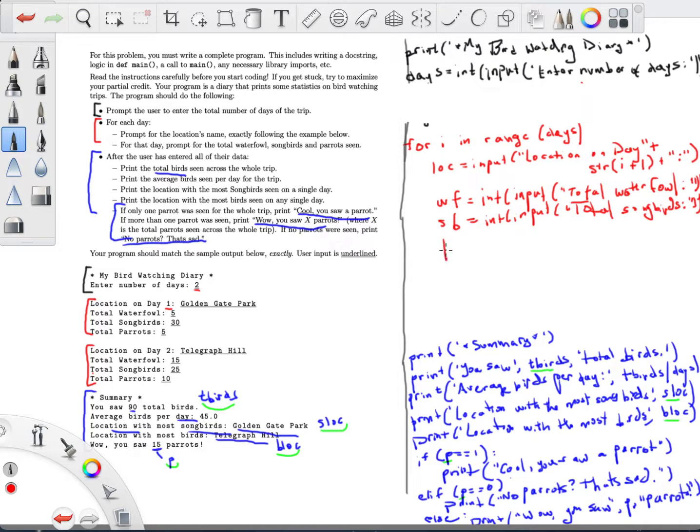I'm going to do PB, parrot birds, to differentiate it from P, which is my total parrots. This isn't my total parrots, it's just the parrots that I saw at that place on that day.